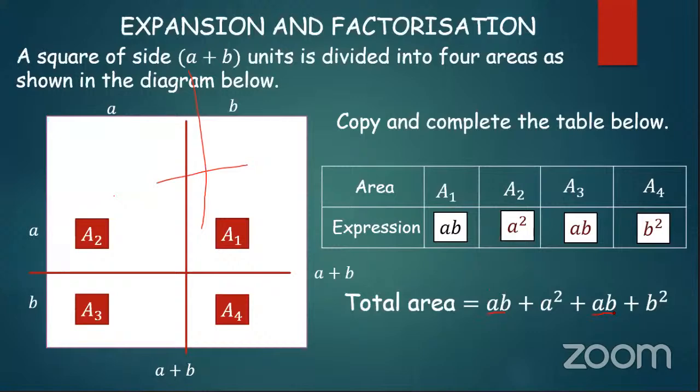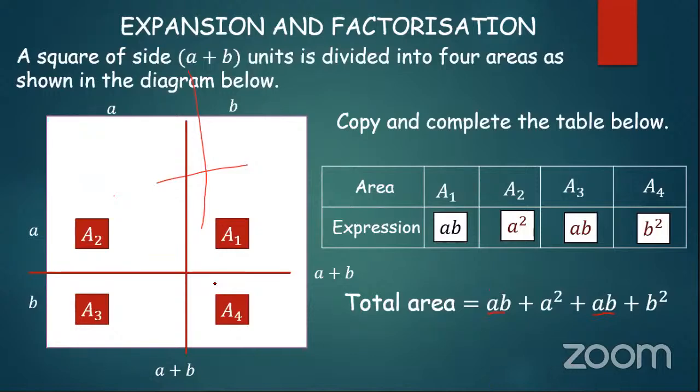You have something to say? How did you get B squared? Okay, so we are on area 4.